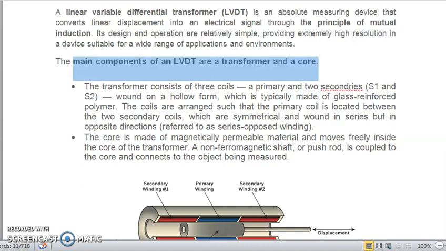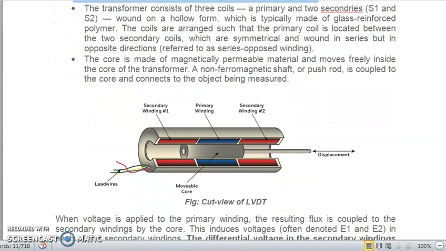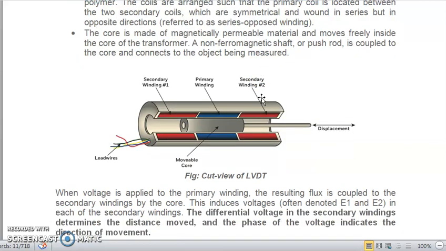Okay, so here is the construction. You can see in the diagram that the transformer consists of three coils. Generally we know that a transformer consists of two coils, one primary and another secondary. But here there are three coils. Which are they?